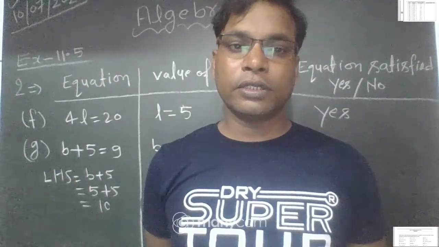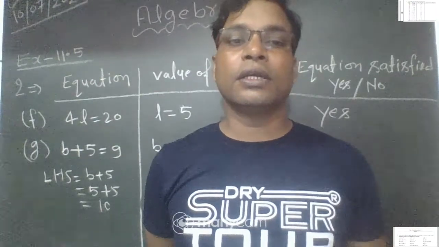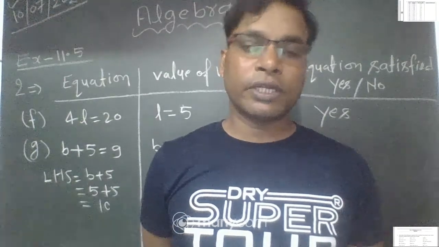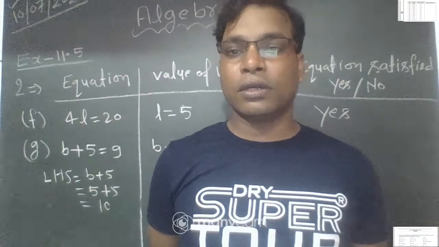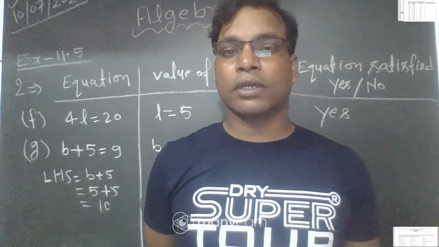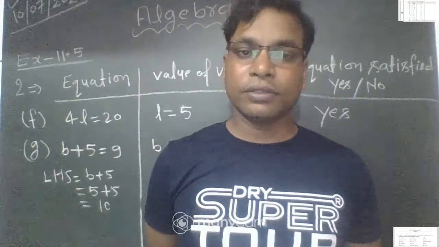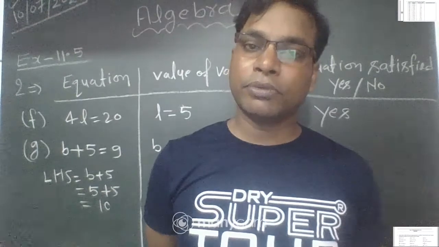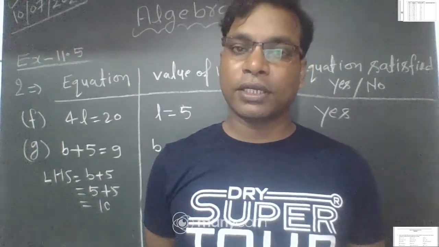So students, in this way you know how to check whether the value of variables satisfies the equation or not. In this way you can complete the third column of the given question. First check the left hand side, and after this put the value of the variable which is given in the second column.